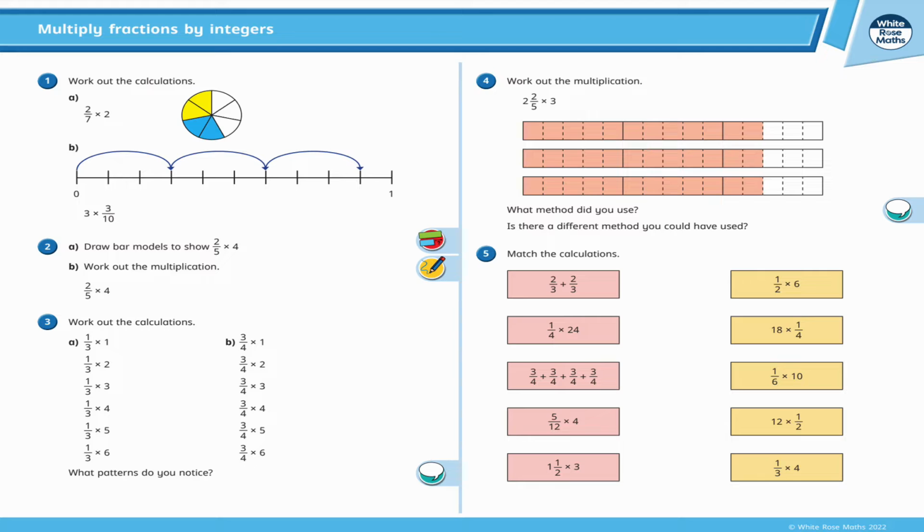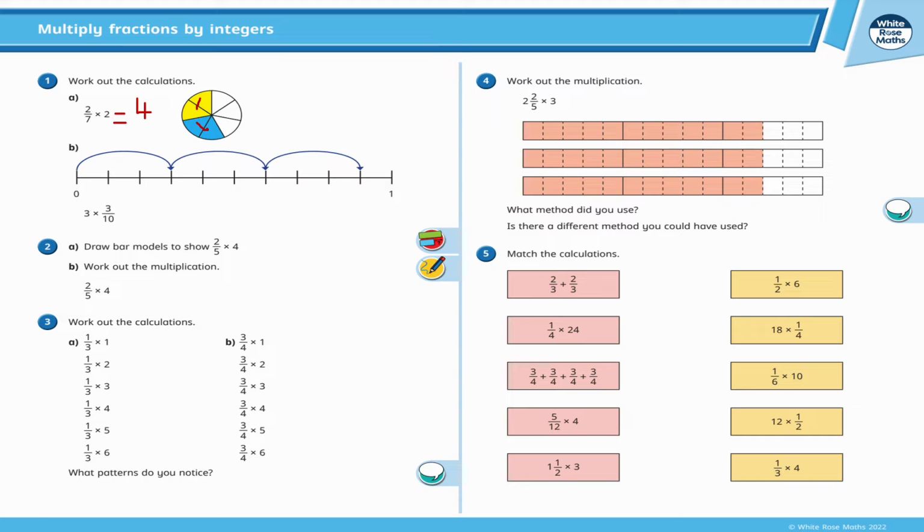This is question number 1 guys. Work out the calculations. Part A, 2/7 times 2. Now it's got a pictogram here, a picture version, a pie chart. This is 2/7 and this is 2/7. Now if I count the total number of coloured parts, I get 4/7.